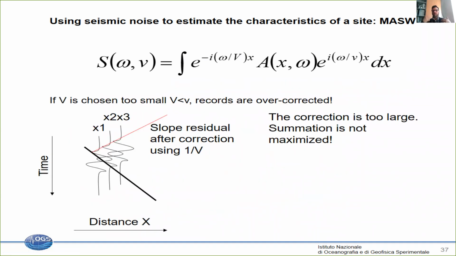So what happens if the velocity that I'm using is too small? The travel time will be very large, so x3 is corrected too much.